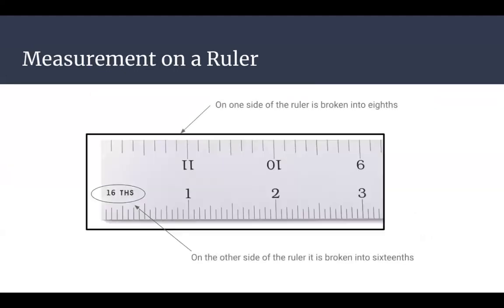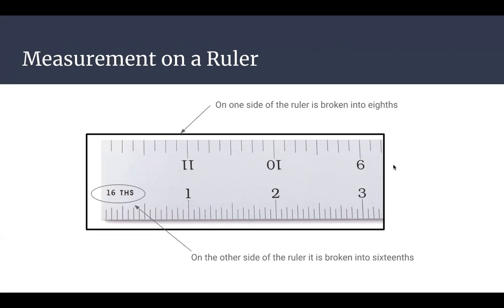The other thing I want to clarify for you guys is that some of the rulers I have in this room have one side broken into 16ths, while the other side is broken into 8ths. The side that's broken into 16ths would have 16 lines in between the 1 and the 2 and the 3, etc., just like what I've been teaching you previously in this video.